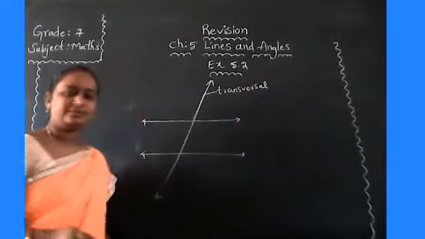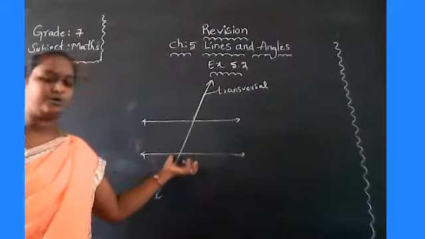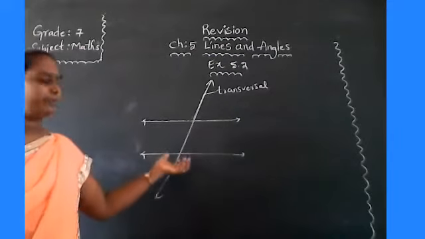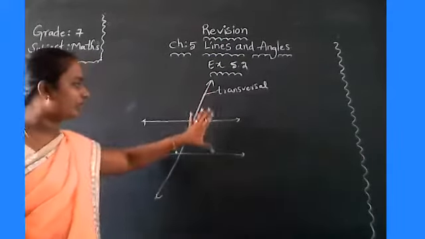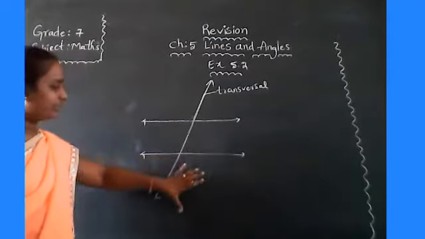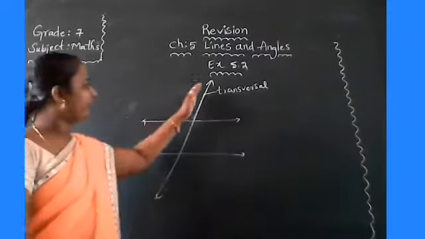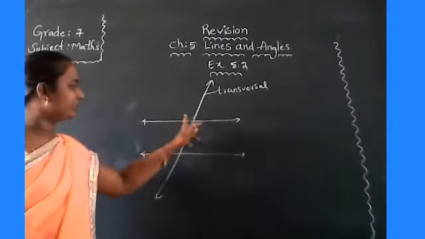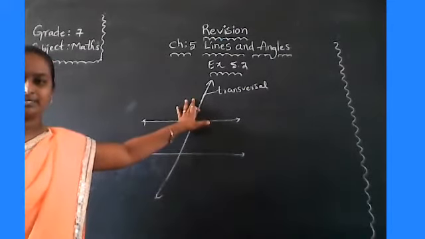A line that intersects two or more lines at distinct points is called a transversal. Not only these two, but three lines or more than two lines. So one line cuts at distinct points, and that line is called a transversal.